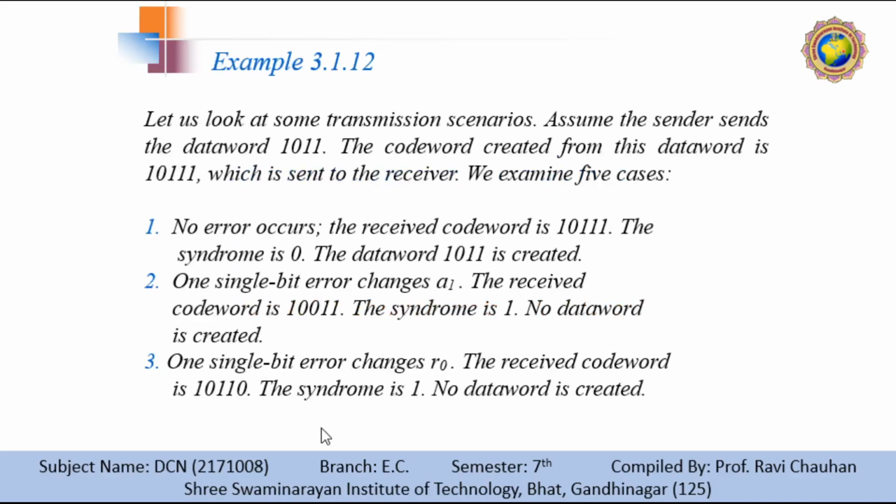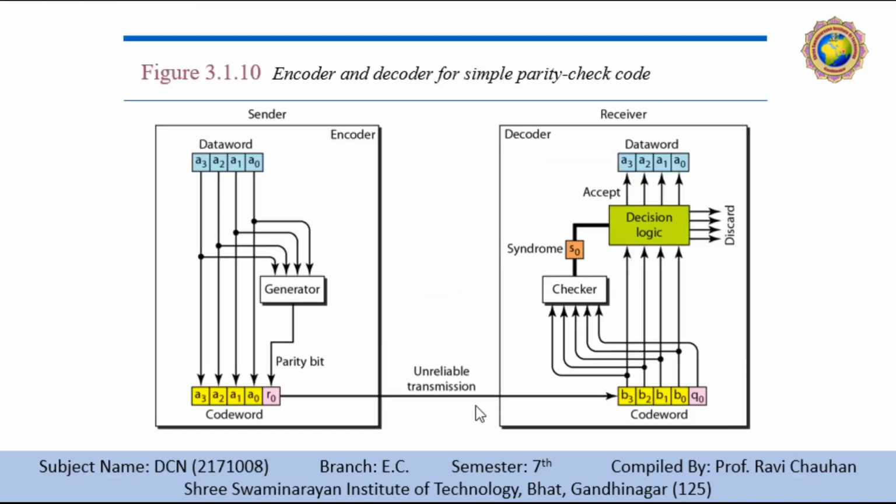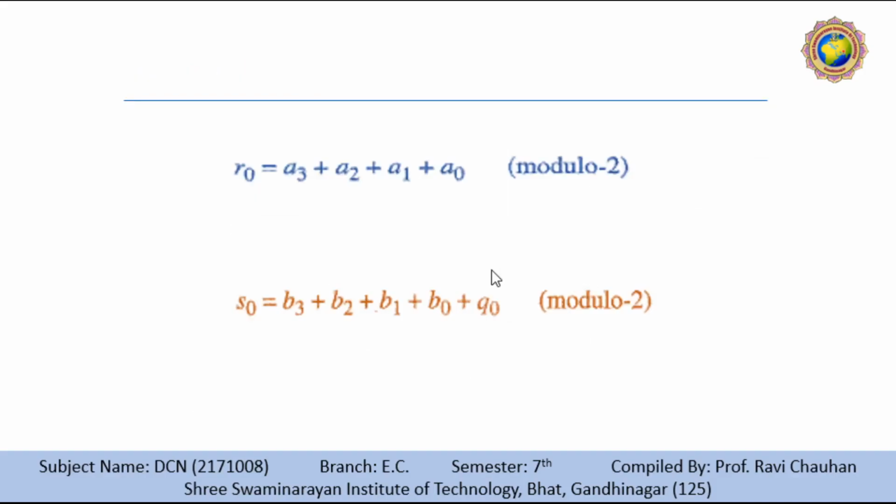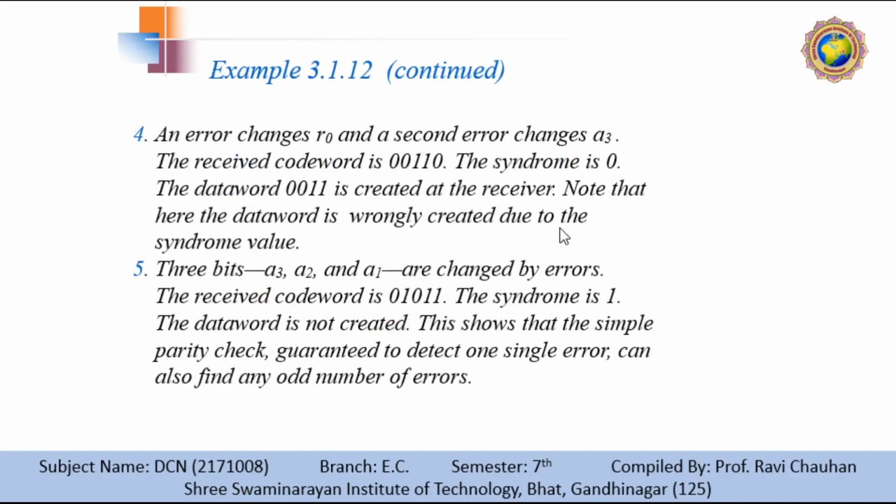In the third case, one single error changes R0. The received code word is 10110. The syndrome is 1. No data word is created. Why? Because of the syndrome value. In the fourth case, one error changes R0 and a second error changes A3. The received code word is 00110.